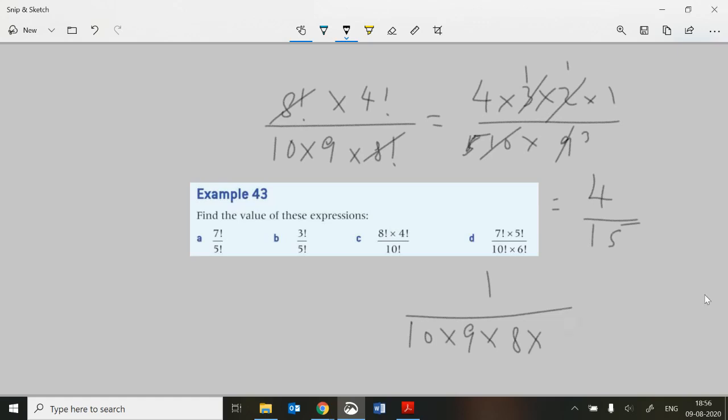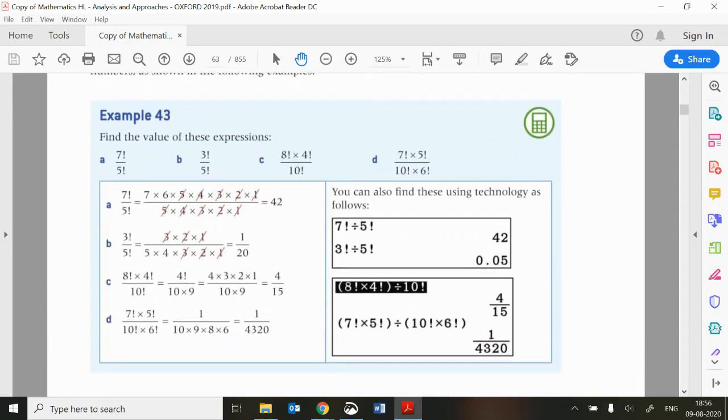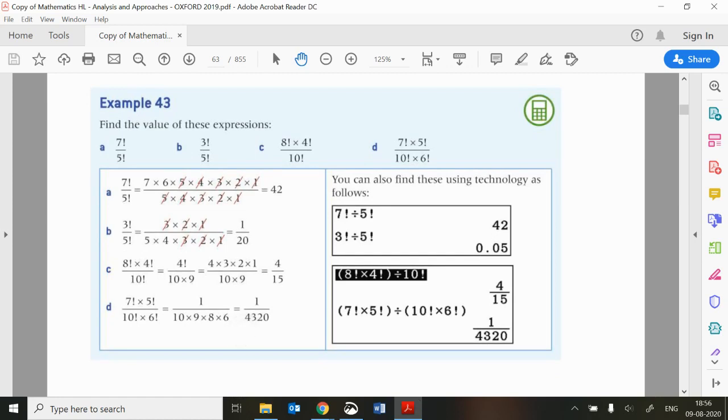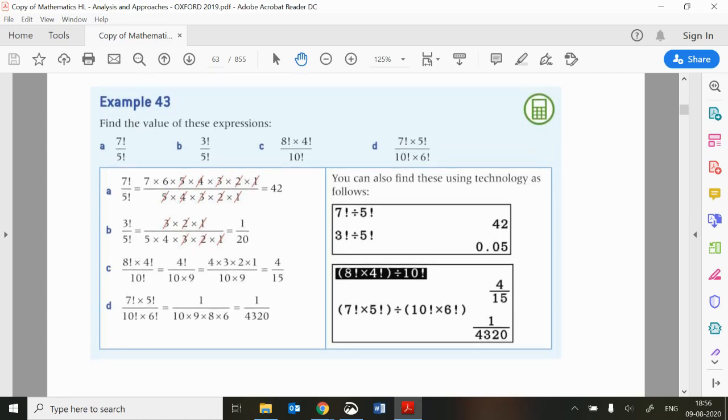I think 6 is going to be left as well. Okay, let's just check that one. And yeah, that 6 is left on the bottom as well. If you look at the answer to D there, we're getting 1 over 4,320. This question, by the way, did say that you could use your calculator. So there's a calculator in the corner. And obviously you can find the factorial key on your calculator.